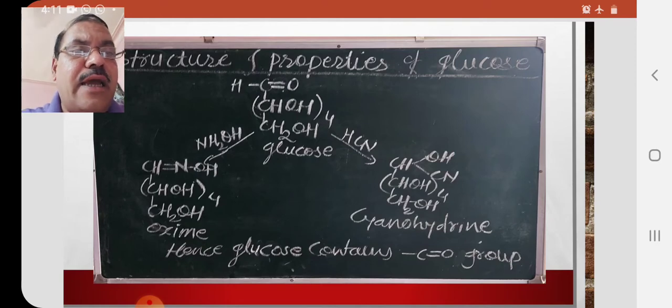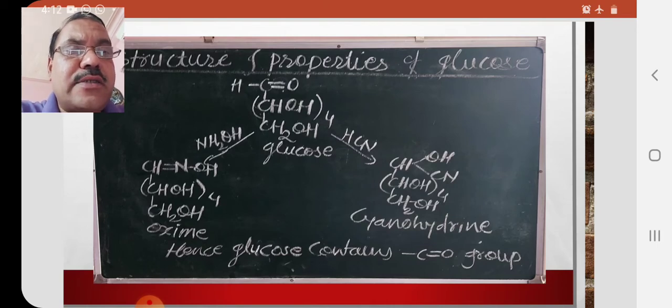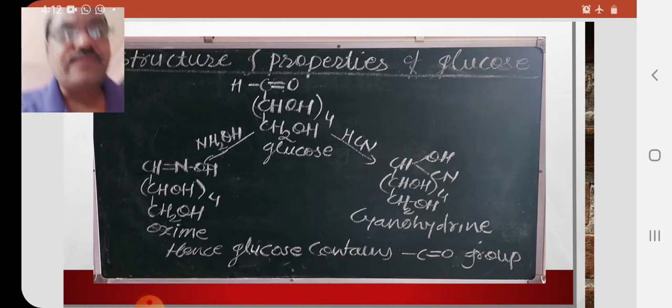The same reaction happens with glucose, and therefore we can say that glucose must contain at least one carbonyl group, that is C=O group. So by using these chemical reactions or properties, it is easy to determine the structure of glucose.